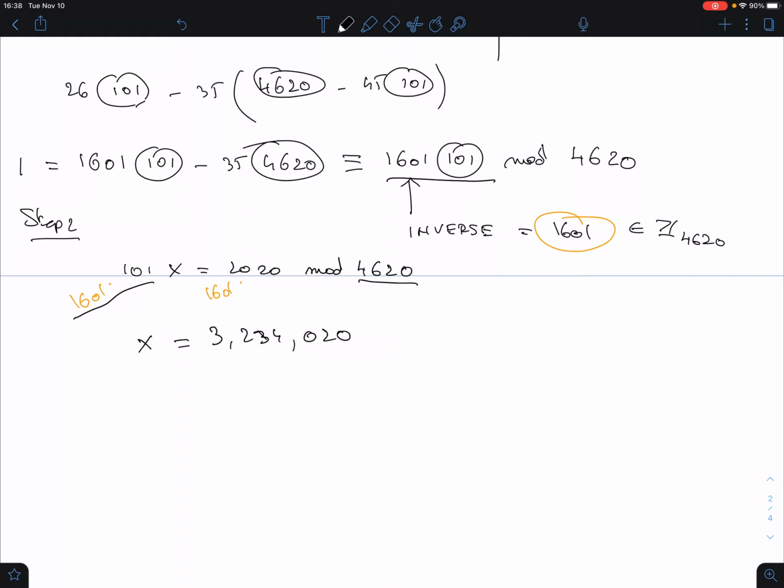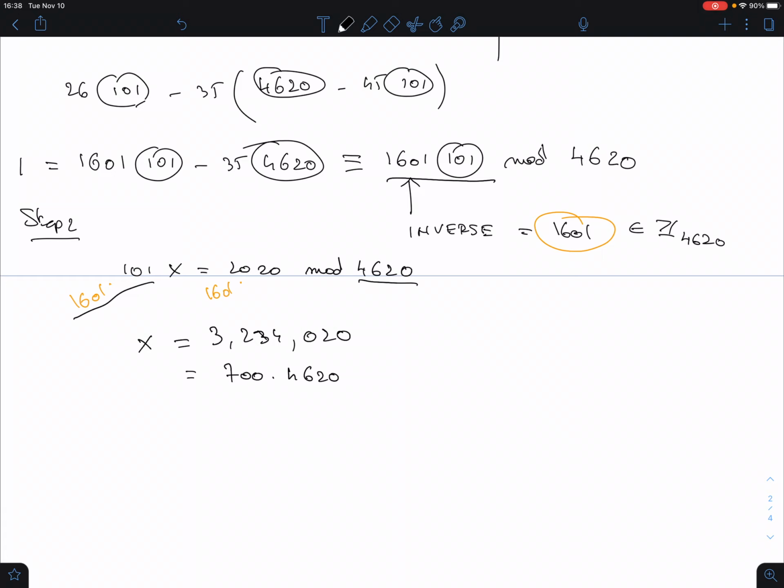Okay, we're going to do that. How do we do that? Well, divide this number by 4620. And I get 700 and a bit. So this is 700 times 4620. And how much am I missing? Very little, I think.